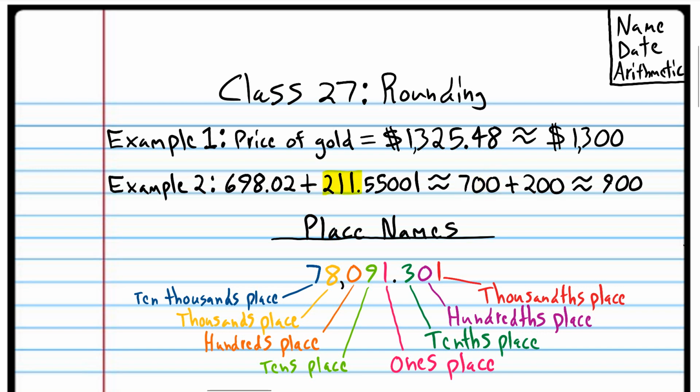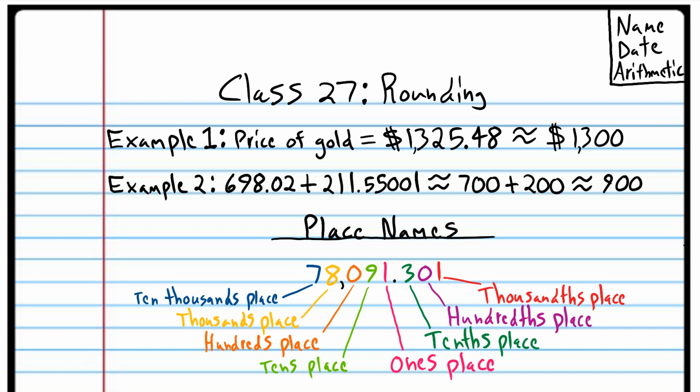And this number is fairly close to 200, so you just round it to 200. So instead of 698.02 plus 211.55001, you just round those two numbers to 700 and 200, and you add them up to get approximately 900.